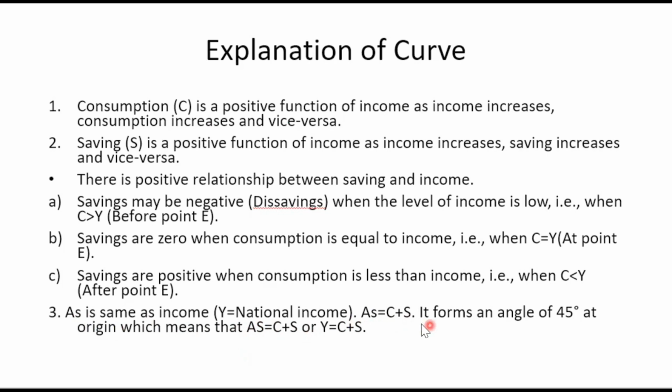C plus S. That means consumption plus saving, or we can say a major portion of income is utilized for consumption and the rest is used for saving. And what is the shape of the curve? It is an upward straight line forming a 45-degree angle from the origin.